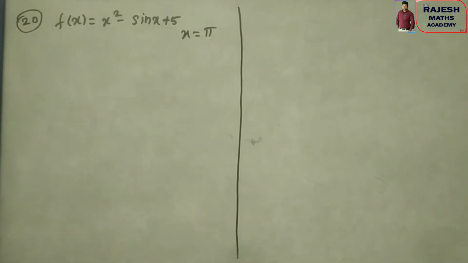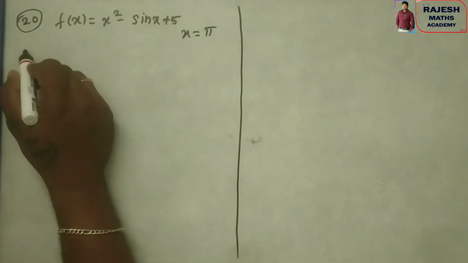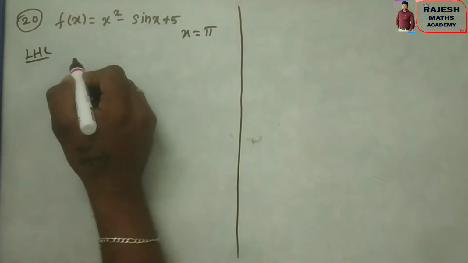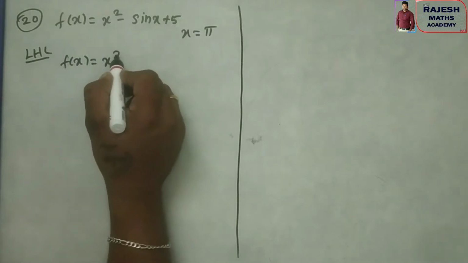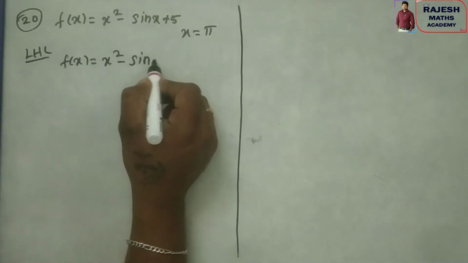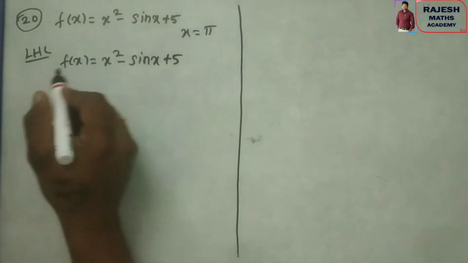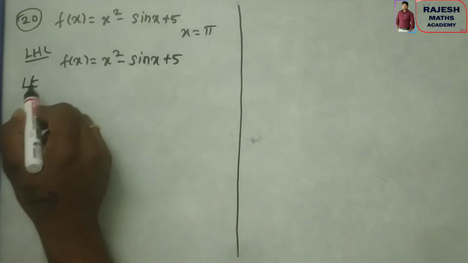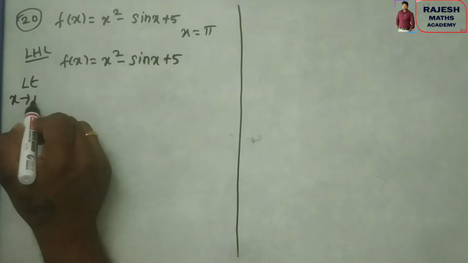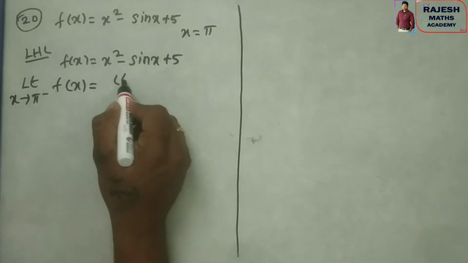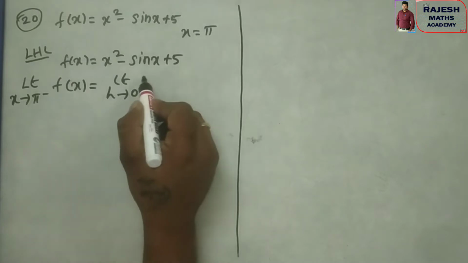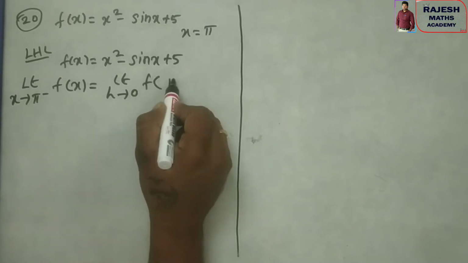So now we'll find the left hand limit at x equal to pi. LHL at x equal to pi. In this case, what is my f of x? It is the same as x square minus sin x plus 5. By the left hand limit definition, limit x tends to pi minus f of x is equal to limit h tends to 0 f of pi minus h.